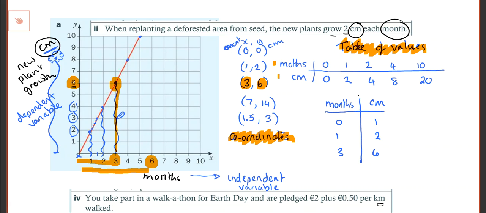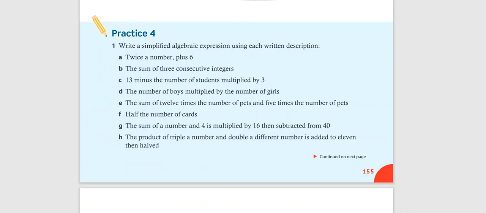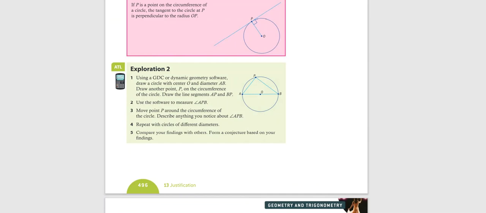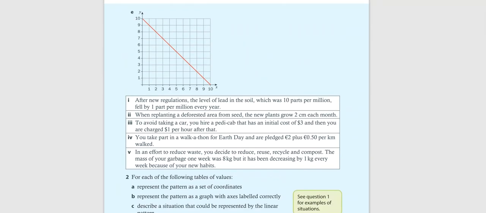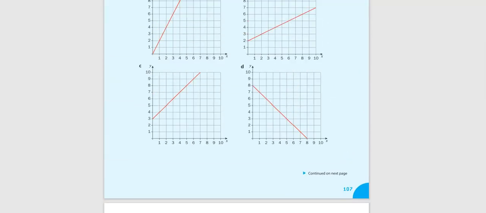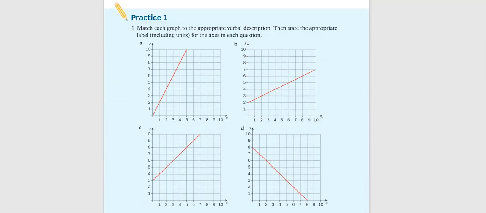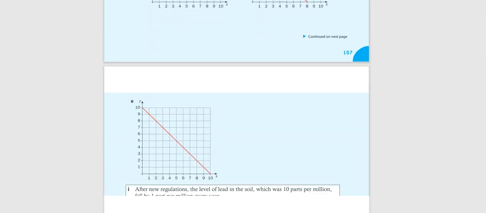So the next thing is, which book is that? You have just done those ones in the textbook. I printed them out for you so you could stick them all together. It makes it a bit easier.